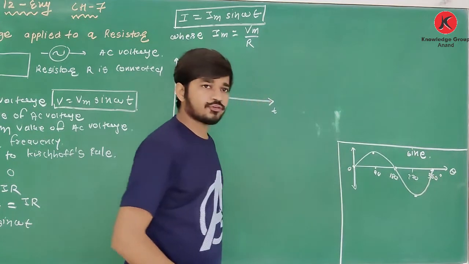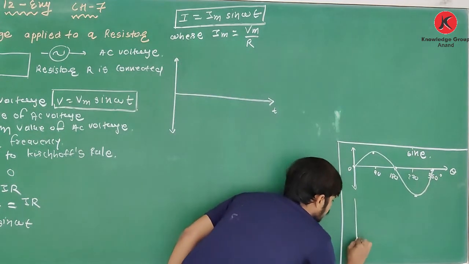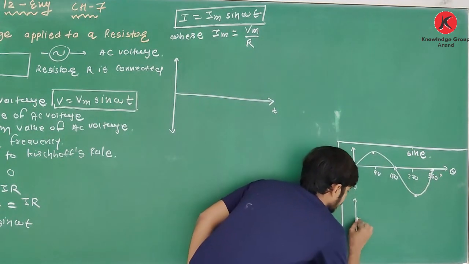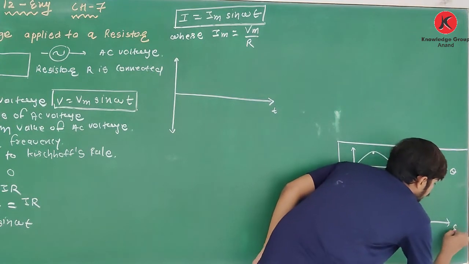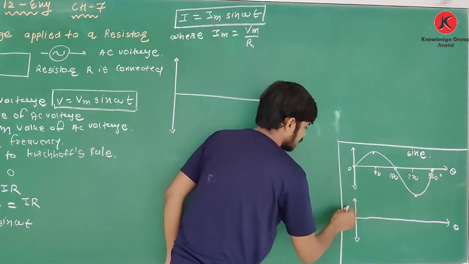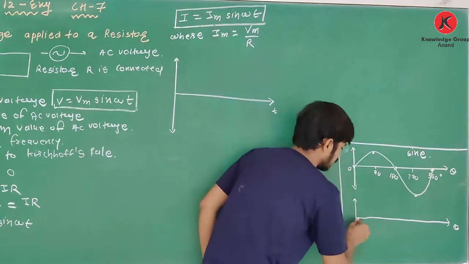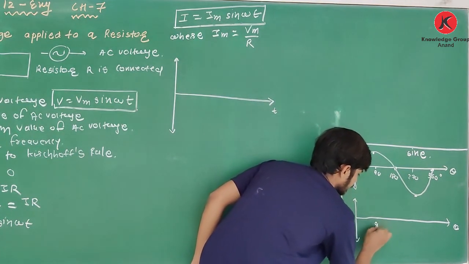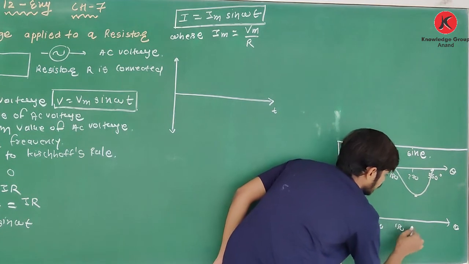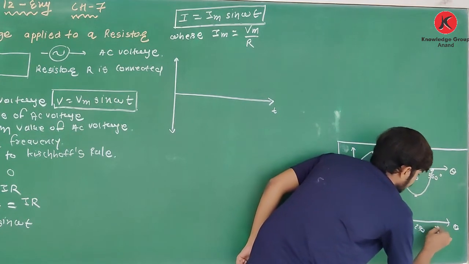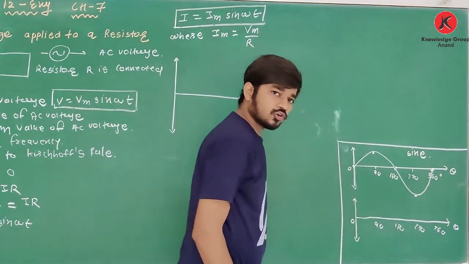But what about the graph of cos? It is theta again, with 0, 90, 180, 270, and here 360. What is cos 0?